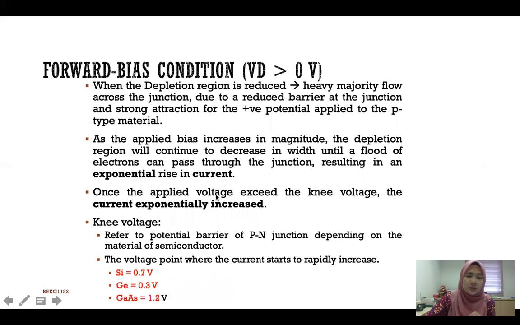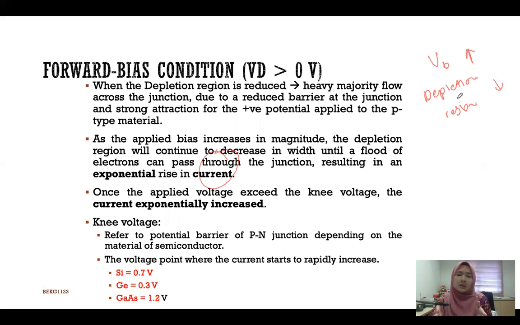So this is what I explained before. For forward bias, when VD is increased, the depletion region width is reduced. When the depletion region is reduced, meaning more electrons can cross the depletion region, this will result in a rise in current.